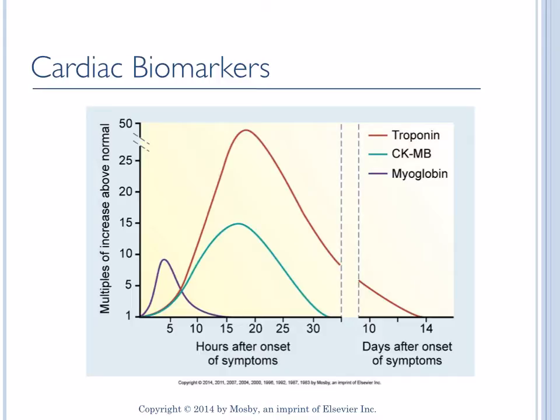Then the x-axis goes from hours up to days, till 14 days. You can see the troponin level rise in the blood.